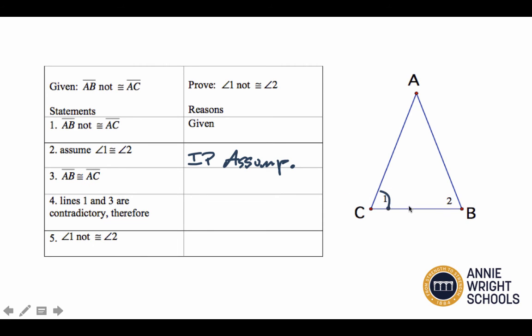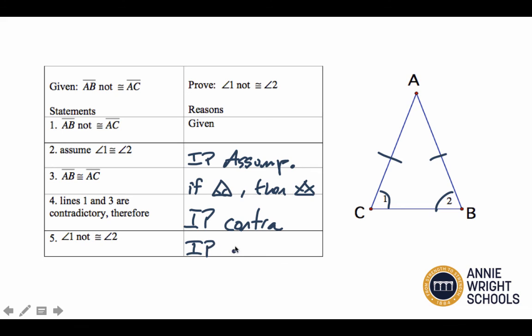If angle 1 is congruent to angle 2, then that means AC is congruent to AB, because if angles are congruent, then opposite sides are congruent. That leads to the indirect proof contradiction, and then I get the indirect proof conclusion.